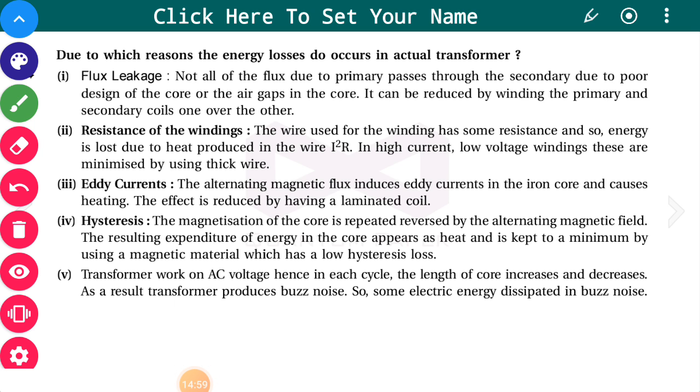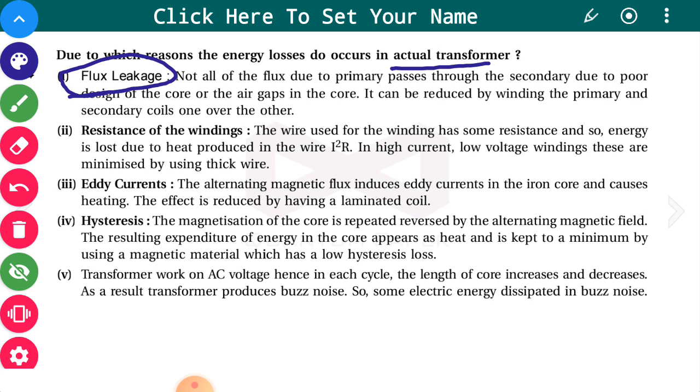Now these are the reasons for the energy losses, because in an ideal transformer, whatever energy is input is seen in the output, or the power in the primary is the same as the power in the secondary. But in an actual transformer, in our day to day life, it is not the same, because there is flux leakage.